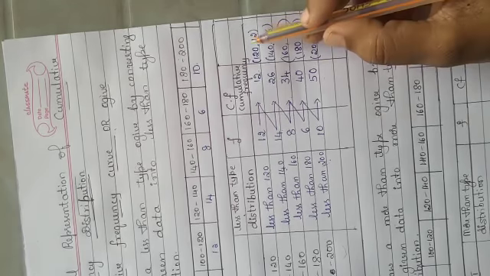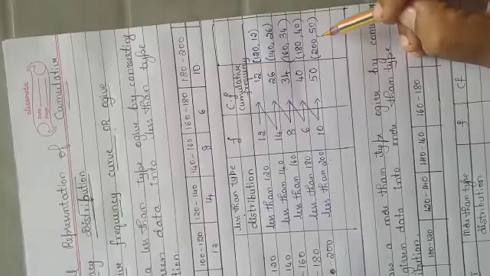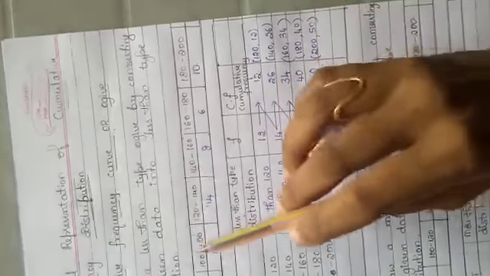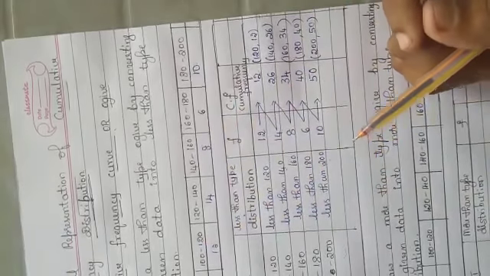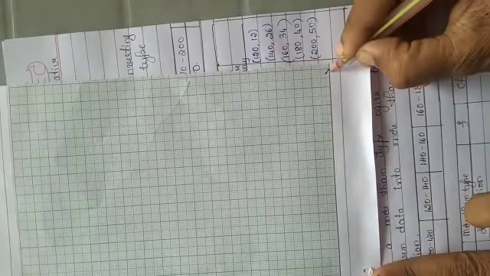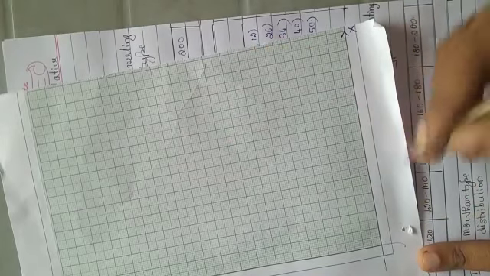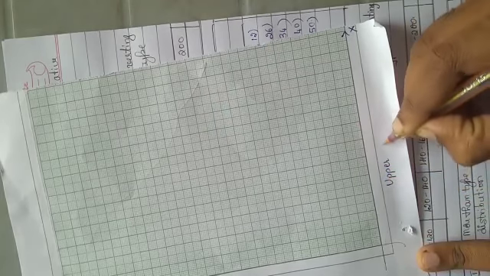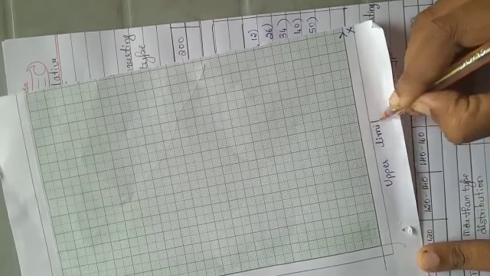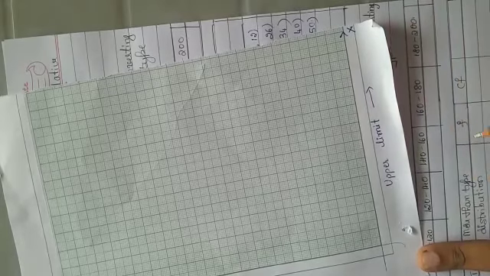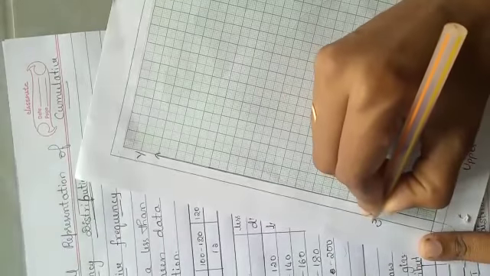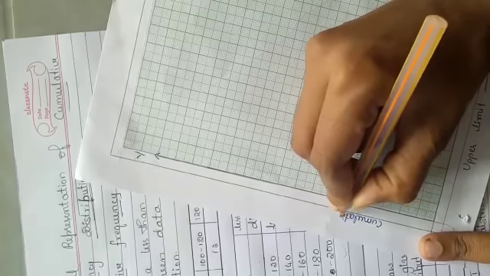Okay students, now these points we plot on the graph and then draw a smooth curve using a pencil. On the graph sheet, this is the x-axis and this is the y-axis. Along the x-axis we take upper limit values, because this is a less than type ogive, and in the y-axis we always take cumulative frequency.